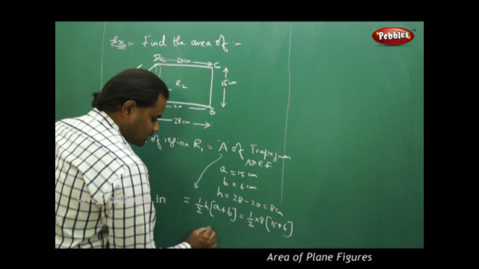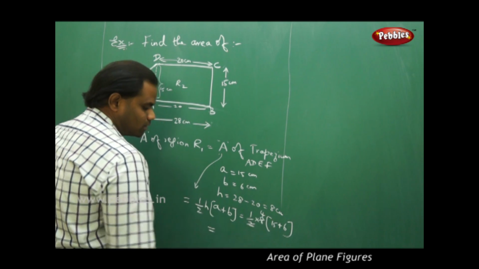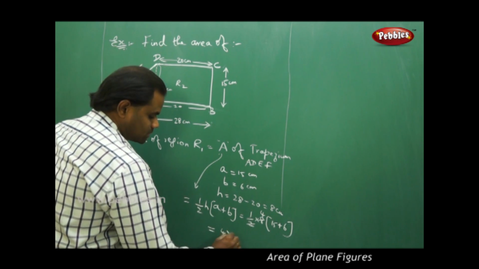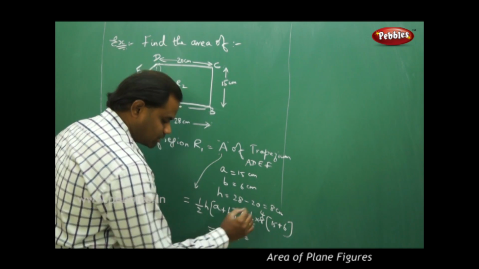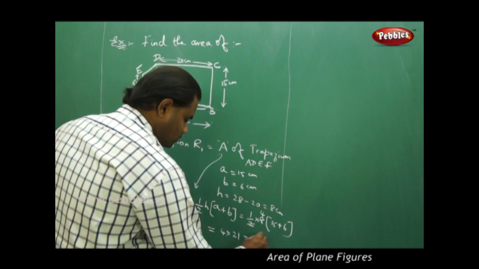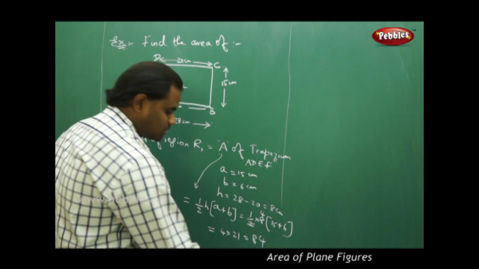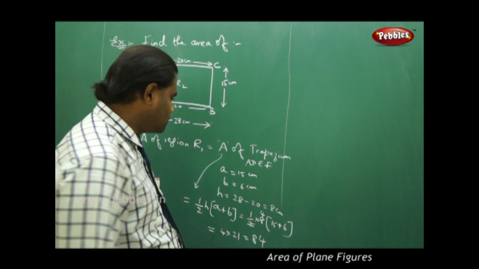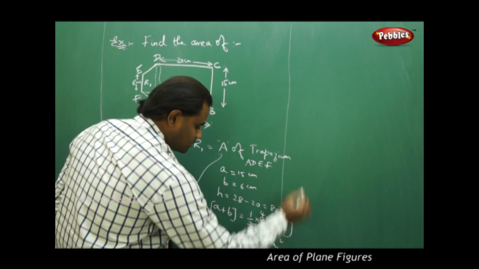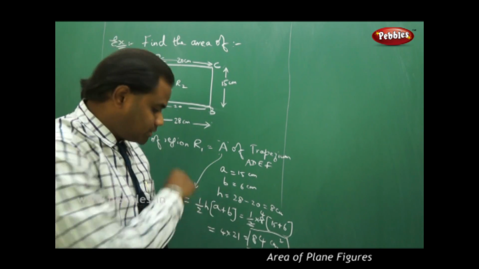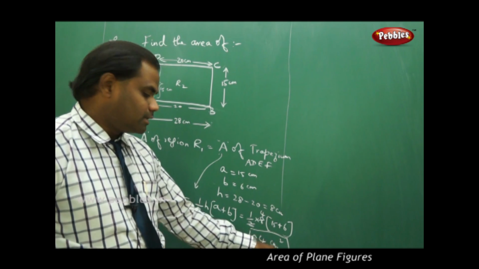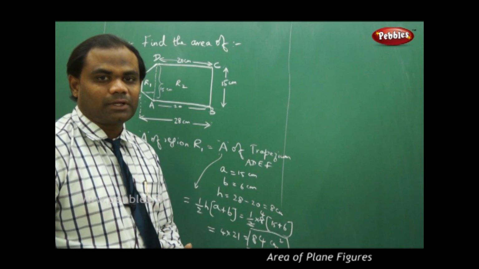In this case, half of 8 is 4. So 4 times 15 plus 6, which is 21. On further simplification, 4 ones are 4 and 4 twos are 8, so this is 84 centimeters square, which is the area of region R1.